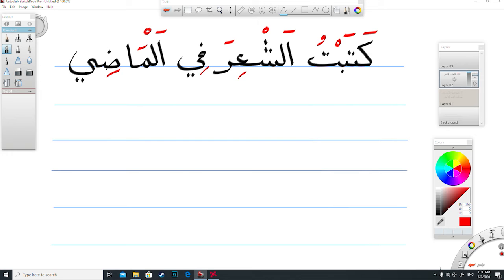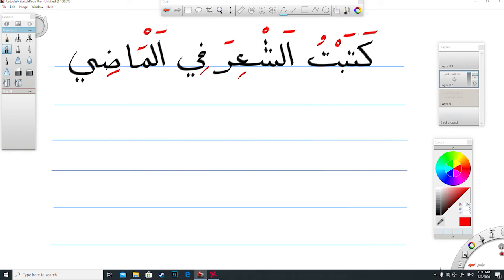Look at this example, and this is for the first person, for the one who's speaking. كتبت الشعر في الماضي. كتبت here means I wrote. الشعر poetry. في الماضي in the past.